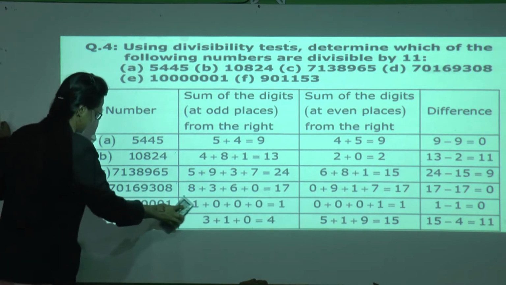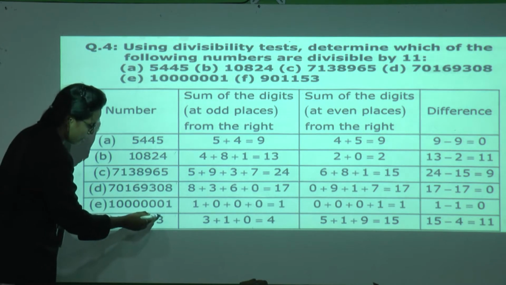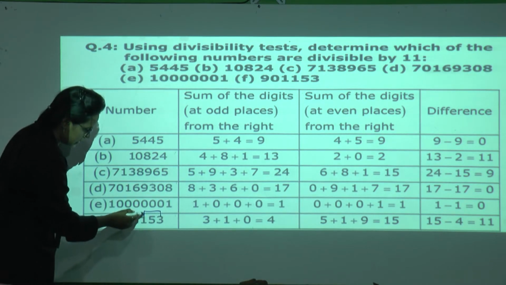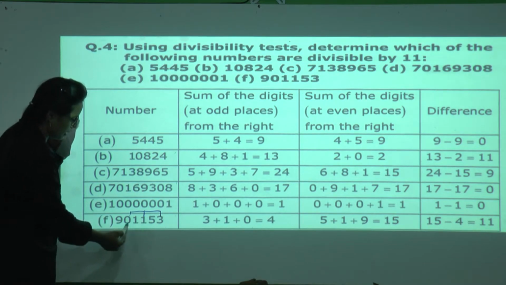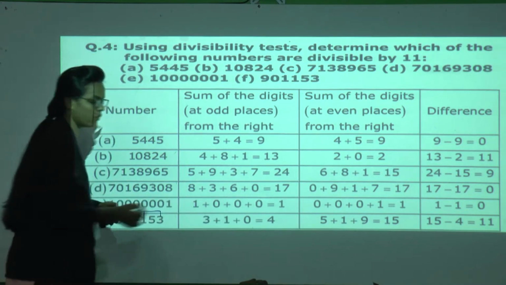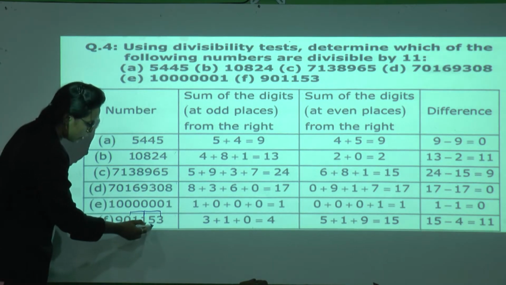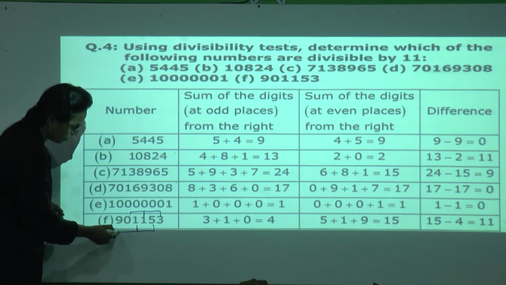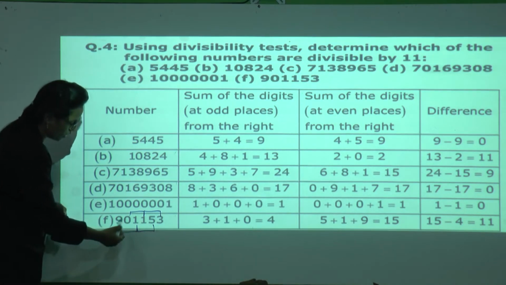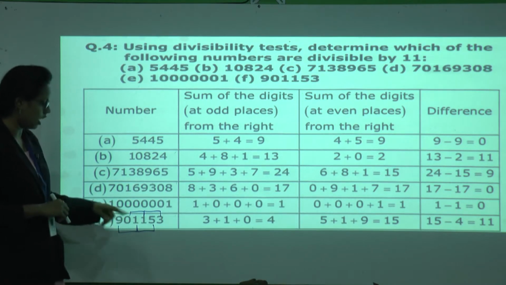Let us see the last one. Take the odd places from the right: first place, third place and then fifth place. 3 plus 1 plus 0, we got 4. Now we take the even places, second, fourth and sixth place. 5 plus 1 plus 9, we got 15.